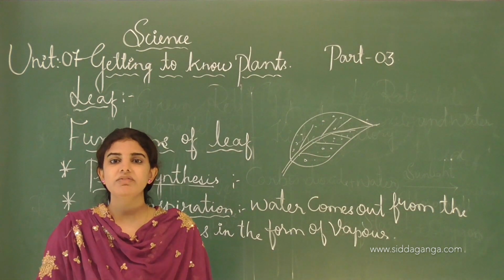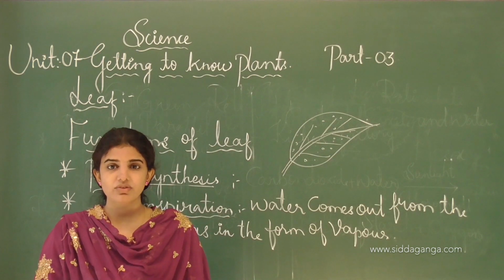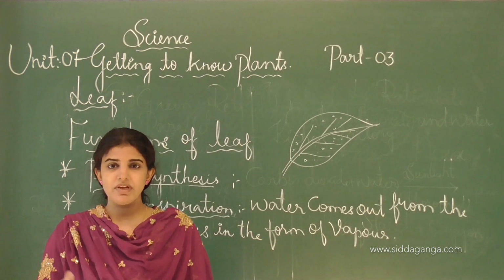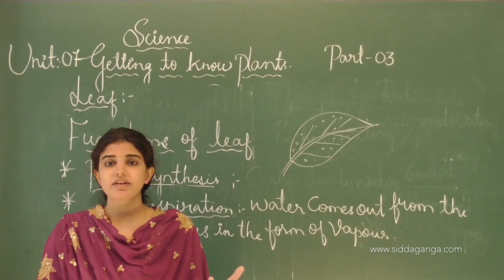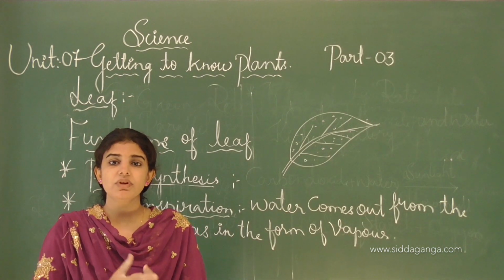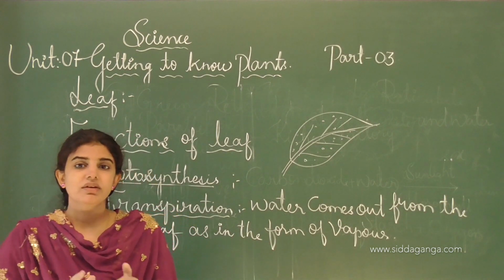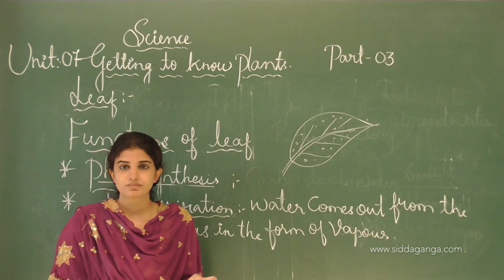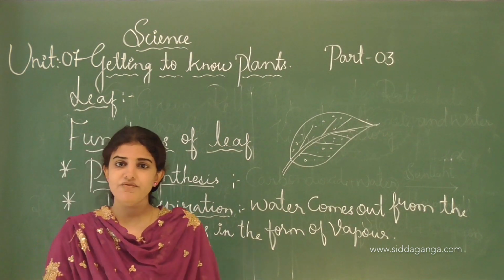Thereby many living creatures will utilize this oxygen, not only human beings, animals, birds and different microorganisms will utilize this oxygen. See, this is all about the leaf and their function.